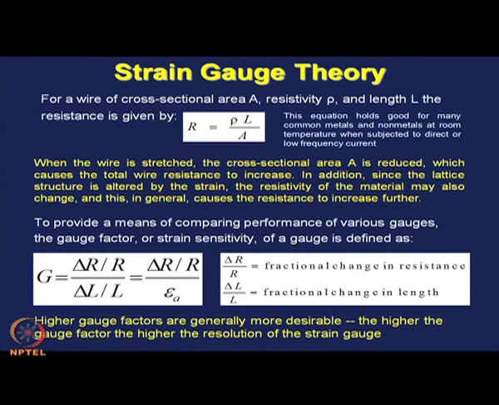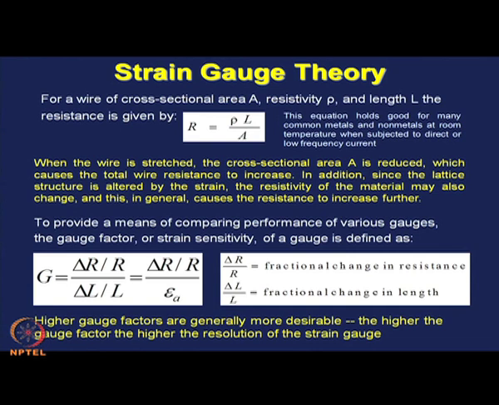For a wire of cross sectional area A, resistivity rho and length L, the resistance is given by the familiar equation R equals rho into L divided by A. This equation holds good for many common metals and non-metals at room temperature when subjected to direct or low frequency current. When the wire is stretched, the cross sectional area A is reduced, which causes the total resistance to increase.